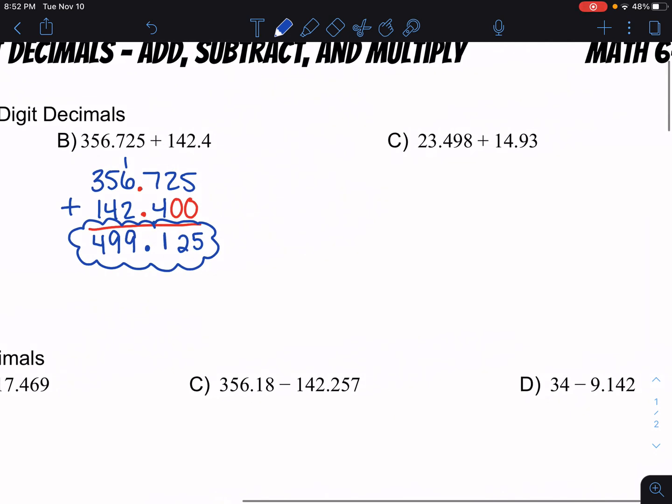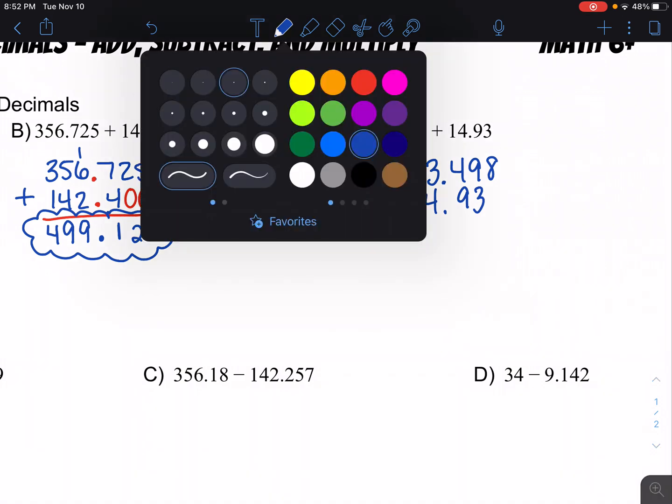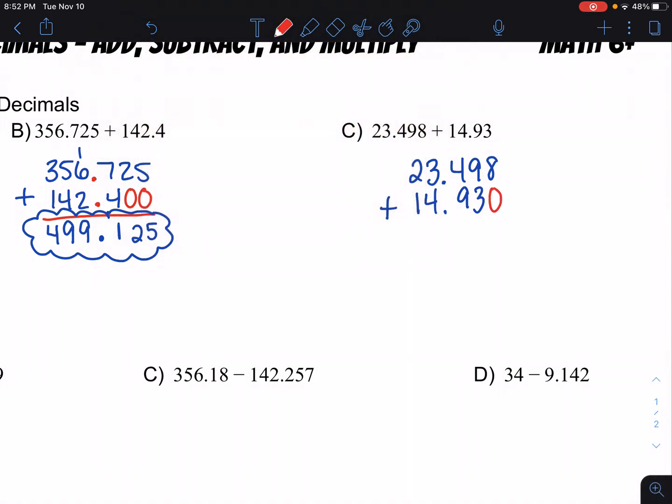In part C, I've got 23.498 plus, and again I'm going to line up my decimals, 14.93. I need one placeholder 0 here at the end, and then I can add straight down. 8 plus 0 is 8. 9 plus 3 is 12, so I'm going to write the 2 and carry the 1. 9 plus 4 is 13, plus 1 is 14.